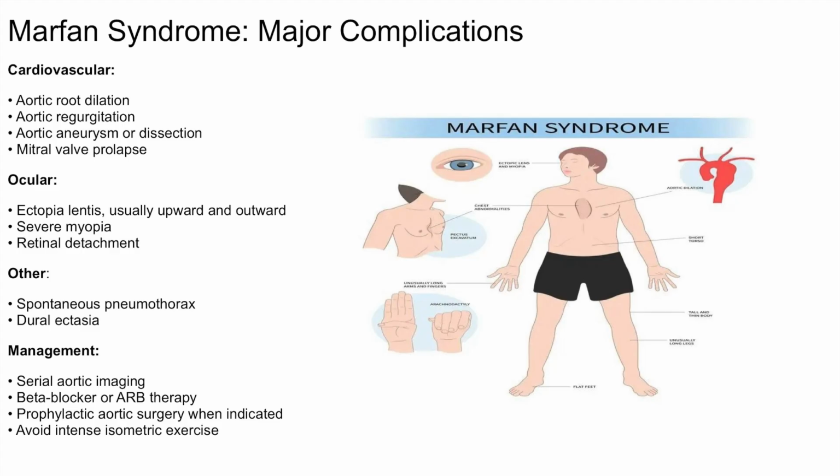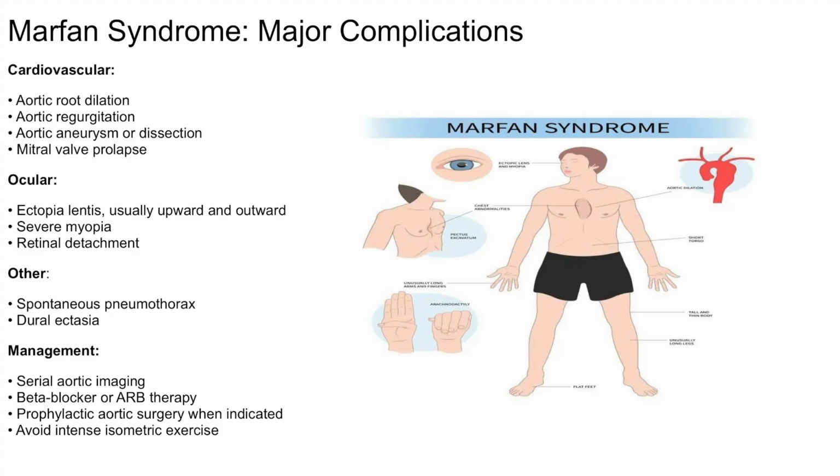All right, so the most dangerous complication of Marfan syndrome involves the cardiovascular system. So progressive aortic root dilation can cause aortic regurgitation, aneurysm, or life-threatening dissection, while mitral valve prolapse may also occur. Ocular disease classically includes ectopia lentis, usually with upward and outward lens displacement, along with severe myopia and increased risk of retinal detachment. Additional complications include spontaneous pneumothorax and dural ectasia.